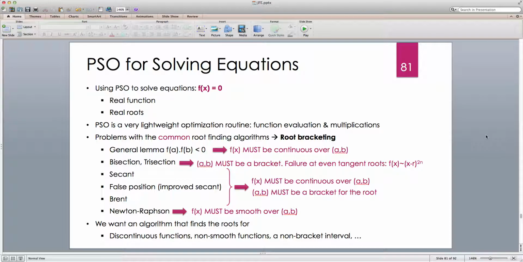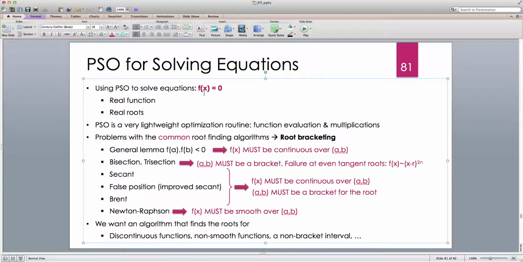another, or let's look at another use case, a very interesting use case of particle swarm optimization, which is that I'm going to use PSO for solving equations. What do I mean by that? We looked at solving equations before, and we implemented all of the common root finding algorithms.